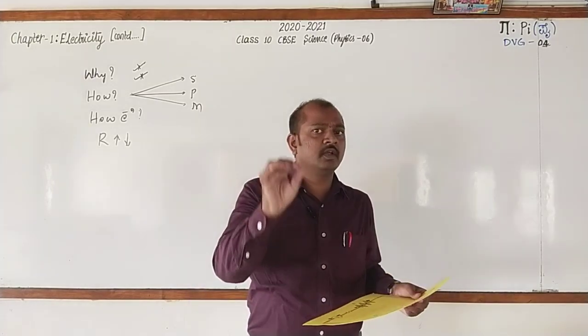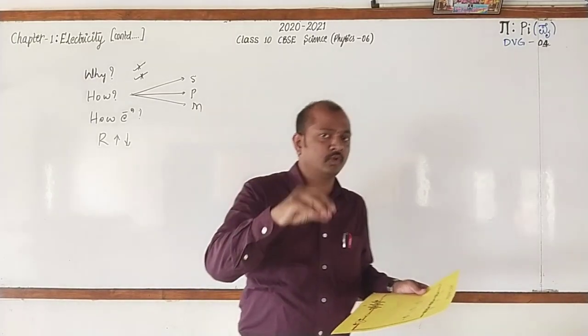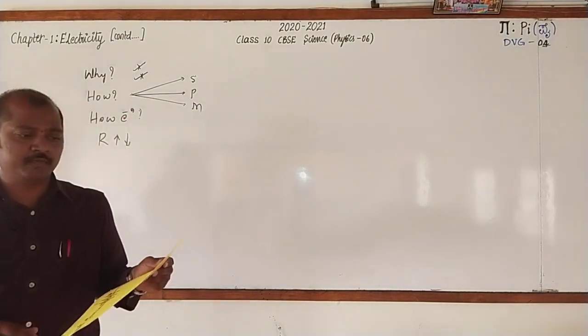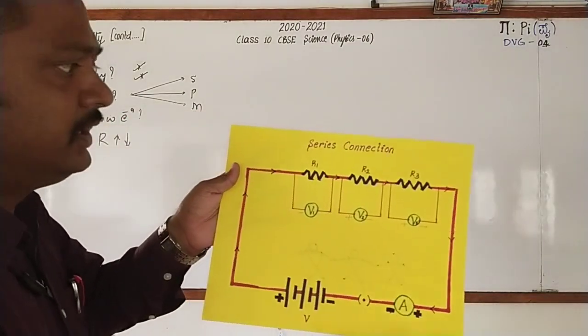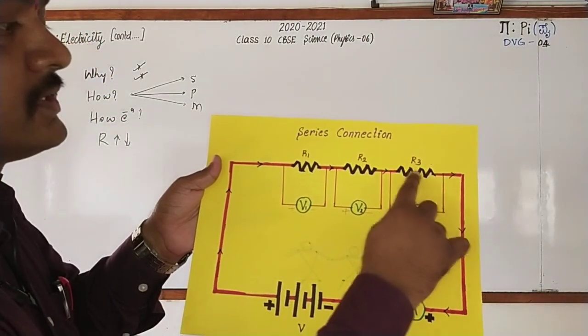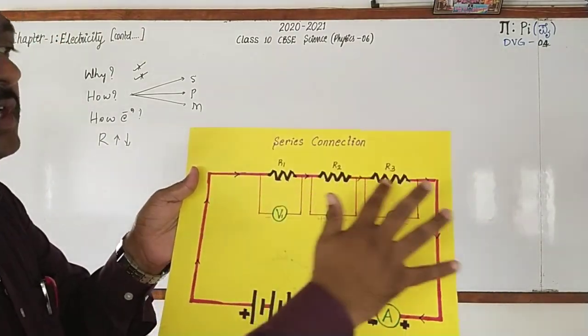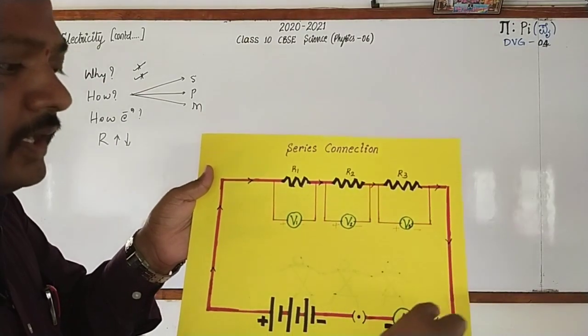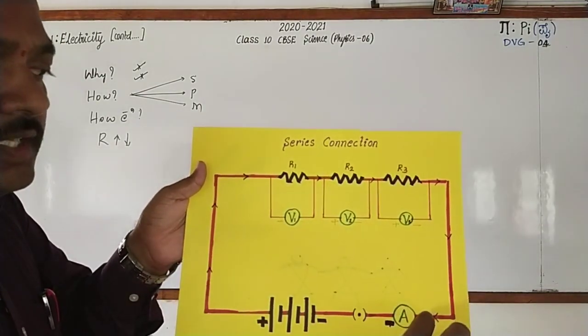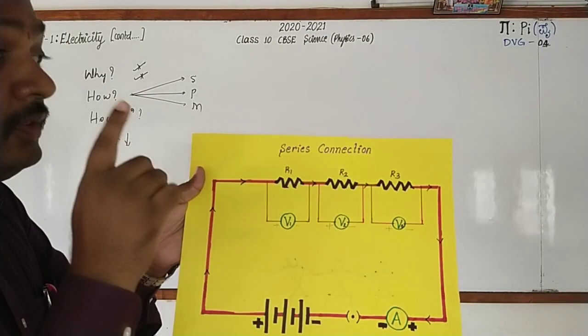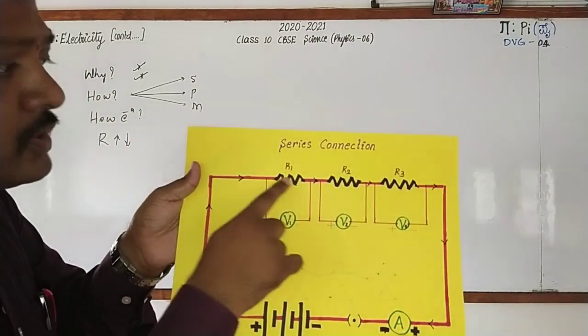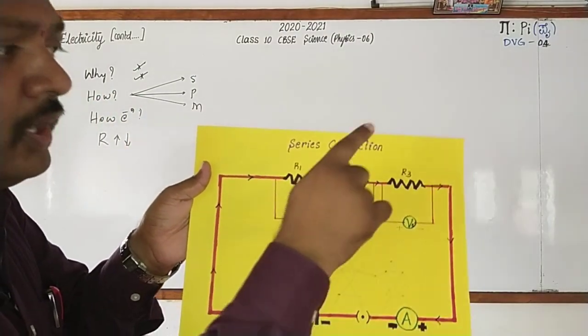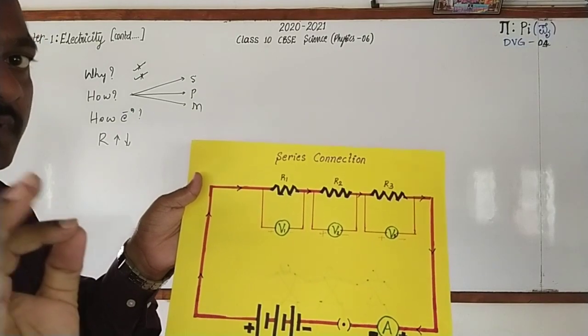And we had even come to know the circuit in which the resistors are connected in series. In addition, some important points were also known to us. Now let us recall them. See that here these are the three resistors R1, R2 and R3 which are connected in series. When they are connected in series, once the current is constituted in the circuit, the same amount of current flows through R1, R2 and R3. This is the first point.